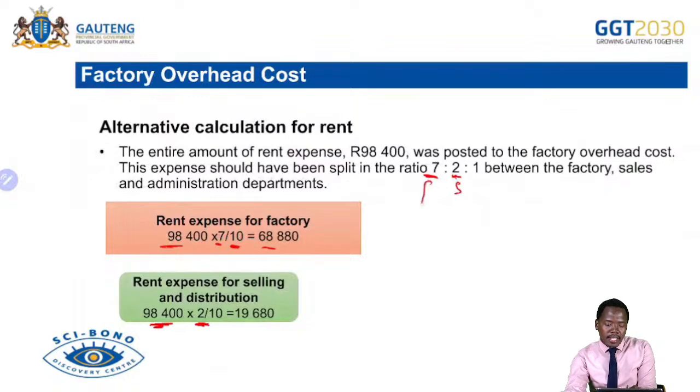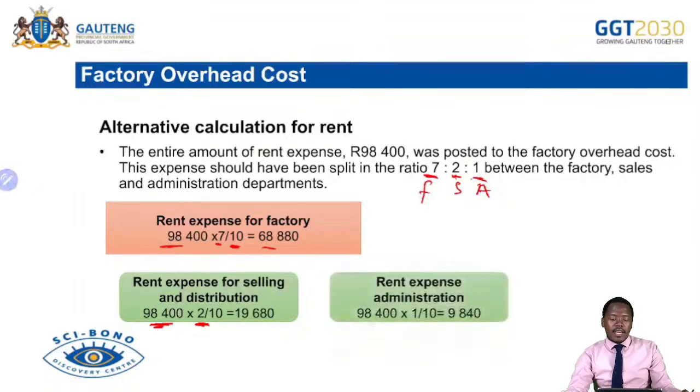Remember, 2 is for our selling, factory is 7, and then admin is 1. So 2 over 10, that is 19,680. Then for admin now, it's going to be 98,400 multiplied by 1 over 10. And then we'll get 9,840.